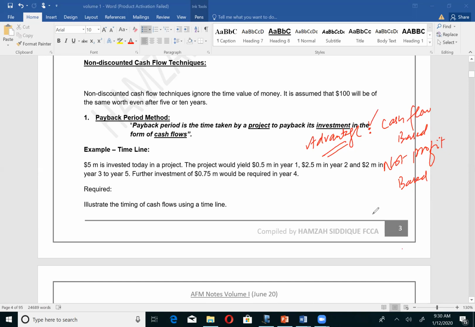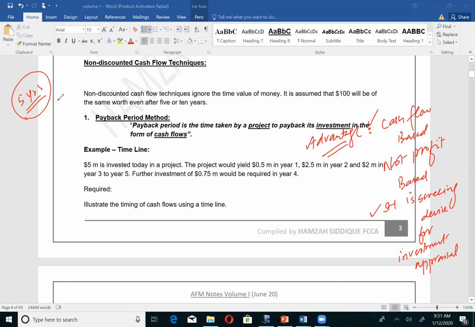Second, it is a screening device for investment appraisal. A screening device means that if, for example, a company is going to obtain a loan for 5 years, the company has to return the loan in 5 years.